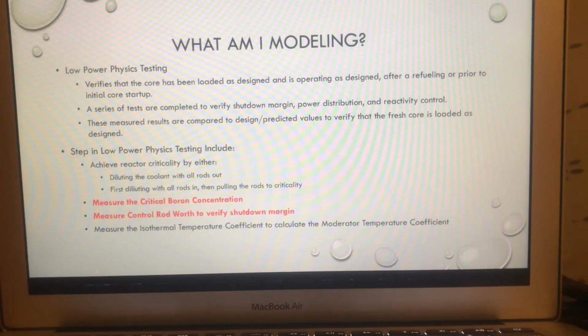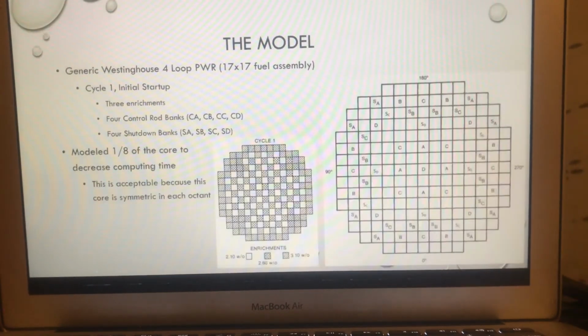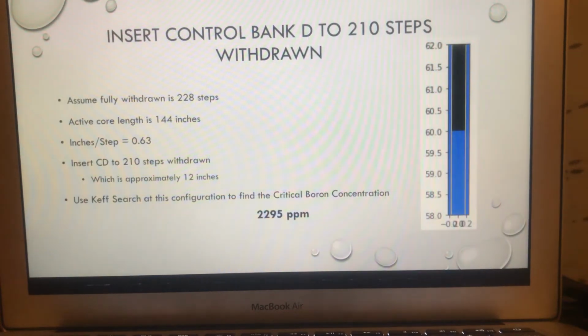Now, when we actually do this at a site, we insert the D control bank, delta, in about 10 to 20 steps, which is about 12 inches.